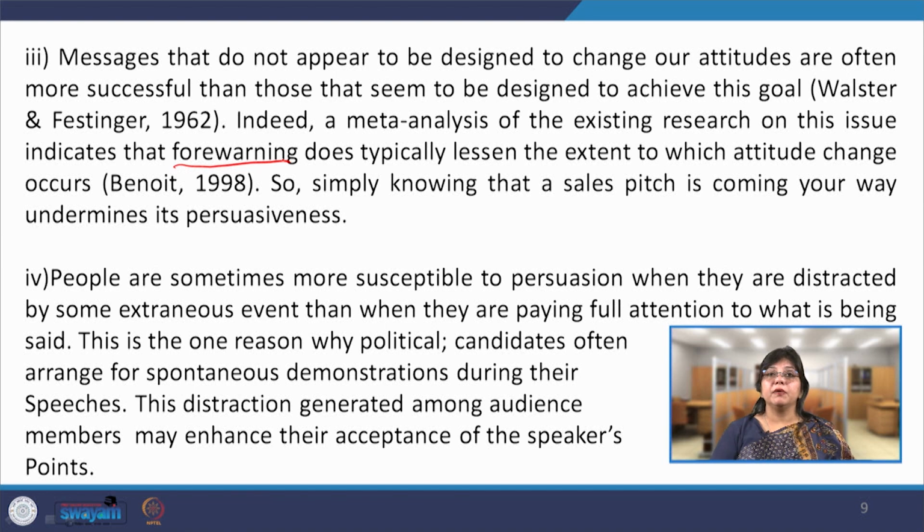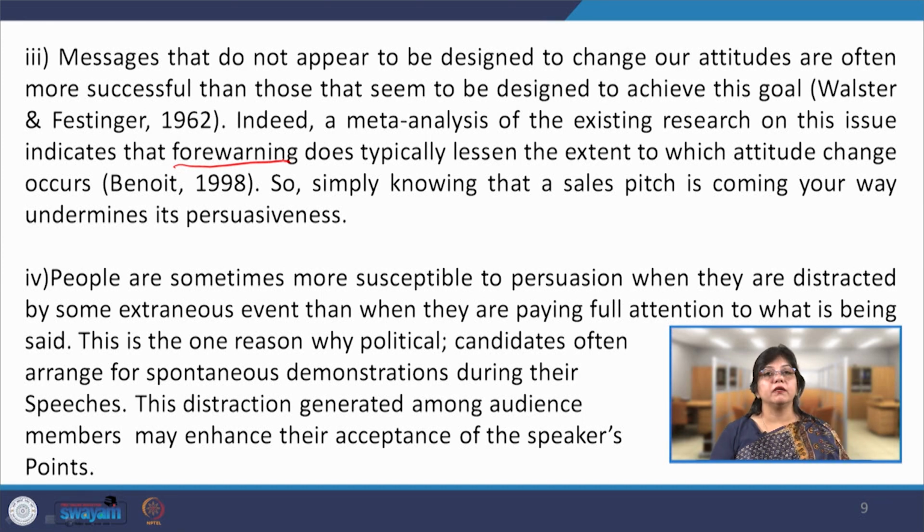The other is that people are sometimes more susceptible to persuasion when they are distracted by some extraneous events than when they are paying full attention to what is being said. If a person approaching a group to change their attitude is distracted by other extraneous elements in the situation, the audience fails to maintain focus on the person's opinion, and immediately the persuasive tendency goes down.